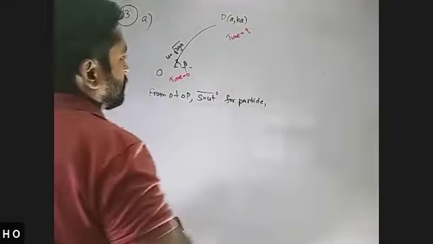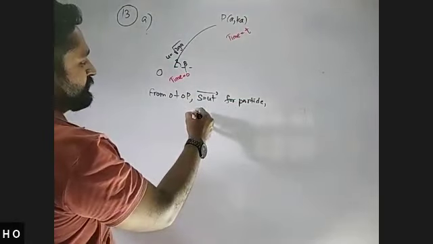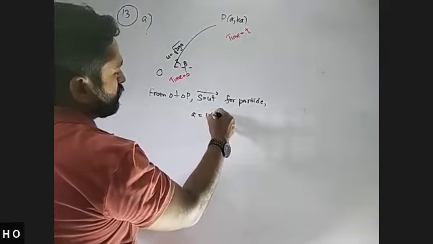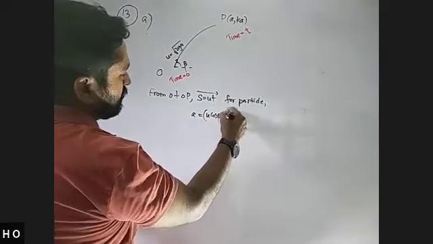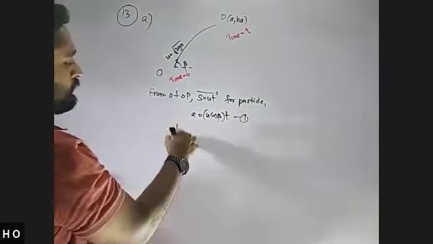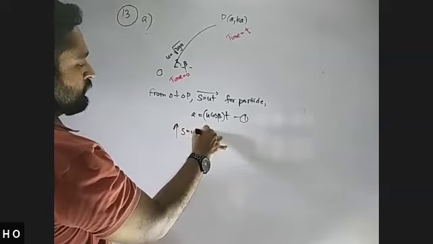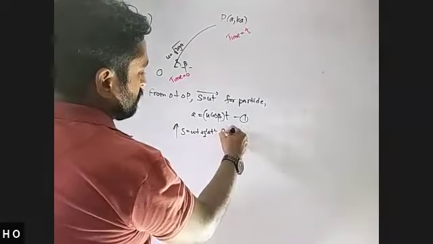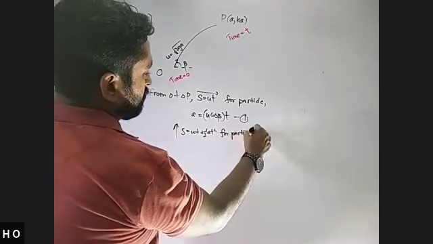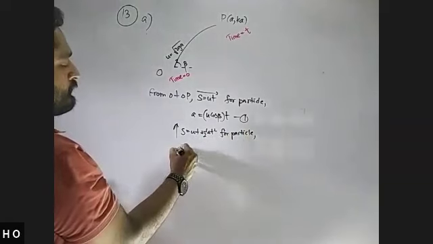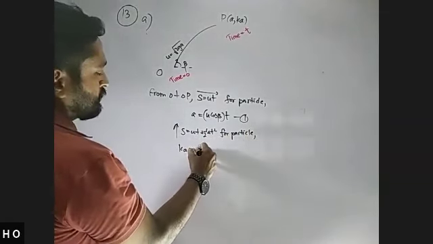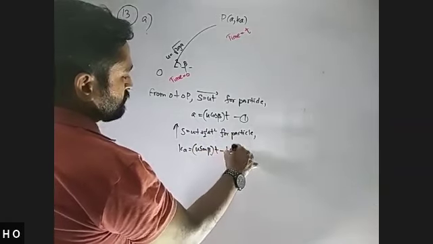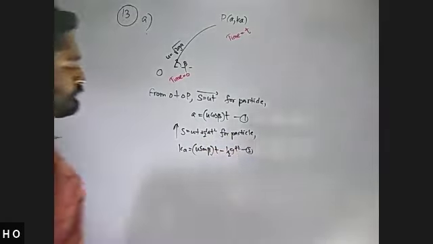So for the particle, you can say horizontally, a equals u cos beta into T. Equation number 1. Then S equals ut plus half at squared, this is how you have the equation of the trajectory for the particle. Then k is u sin beta T minus half g T squared. Equation 2.